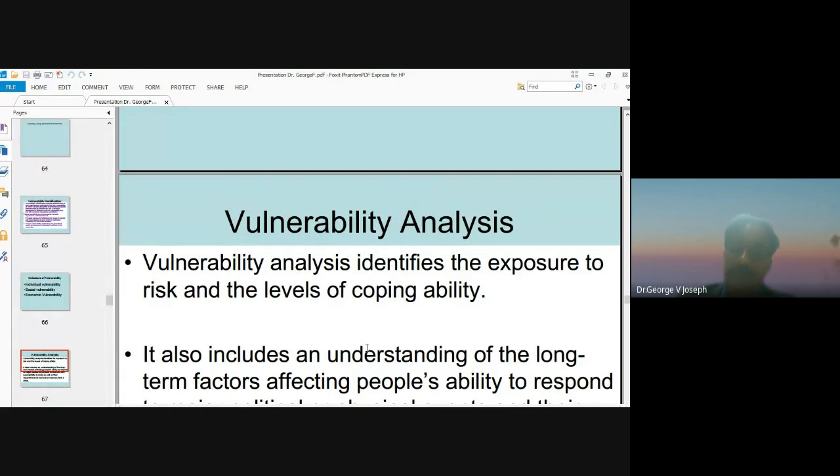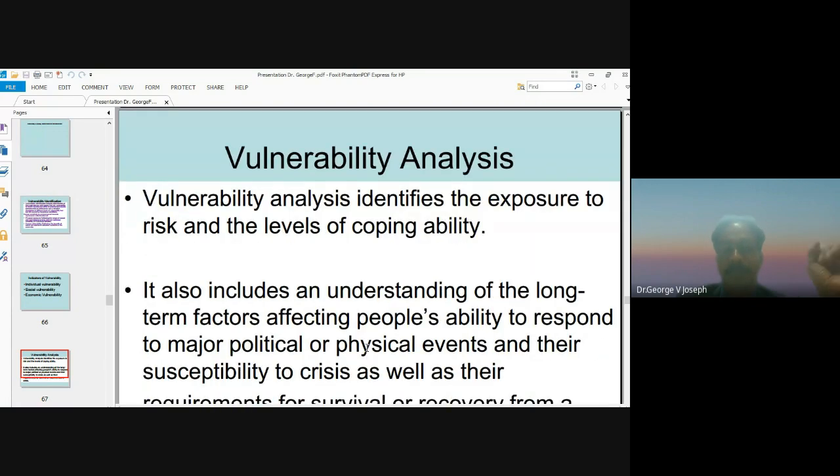So the capacity issue is another important component. What type of resources and capabilities you have as a society. So the vulnerability can be reduced by increasing the coping capabilities and resource mobilization, better networks, better communication systems.